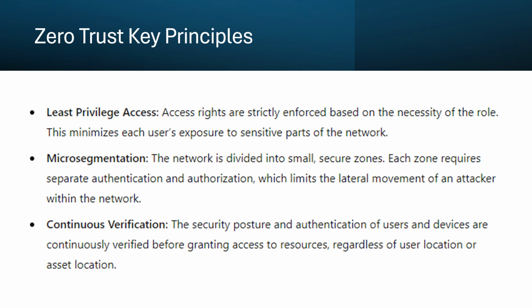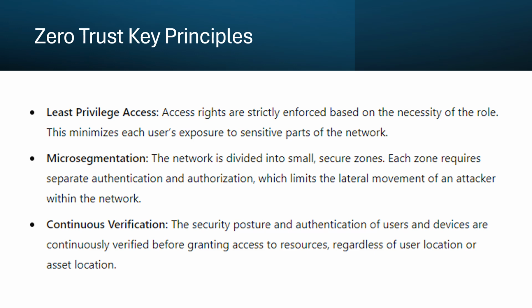These are the Zero Trust principles. 1. Least privilege access. Access rights are strictly enforced based on the necessity of the role. This minimizes each user's exposure to sensitive parts of the network. 2. Microsegmentation. The network is divided into small, secure zones.